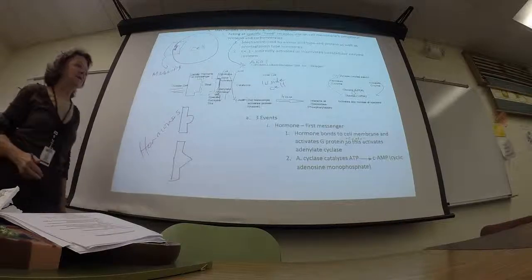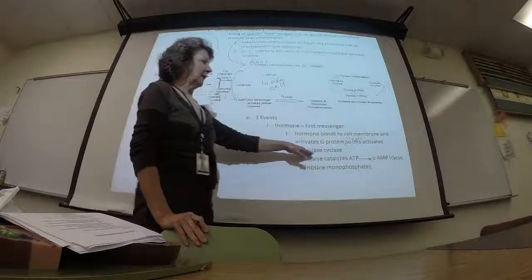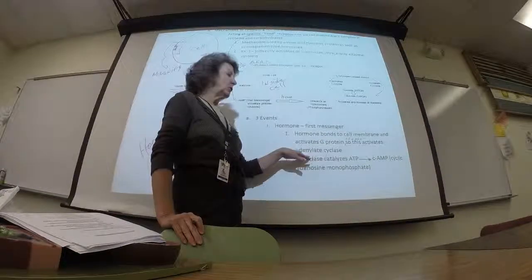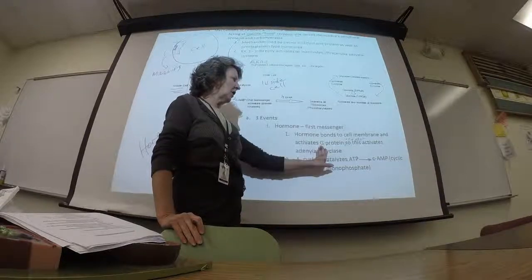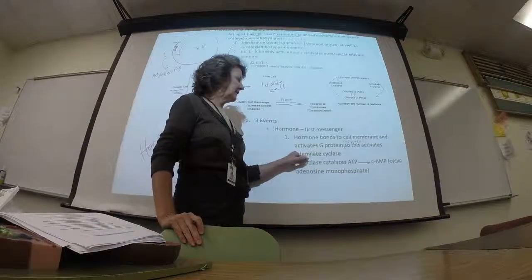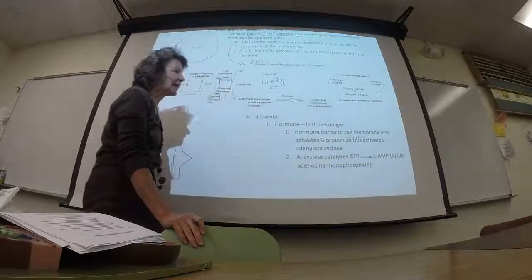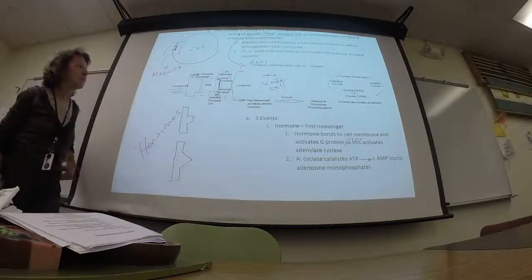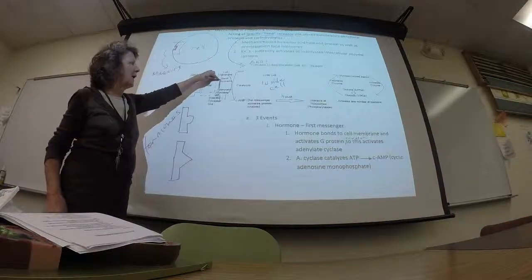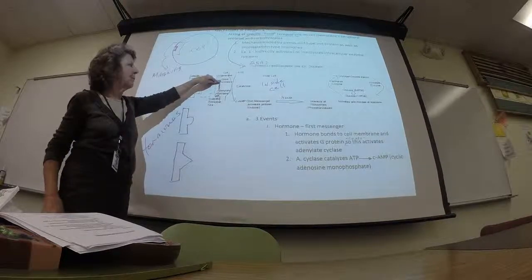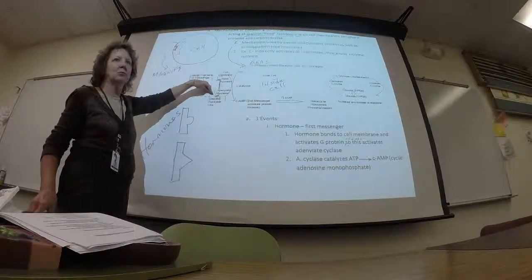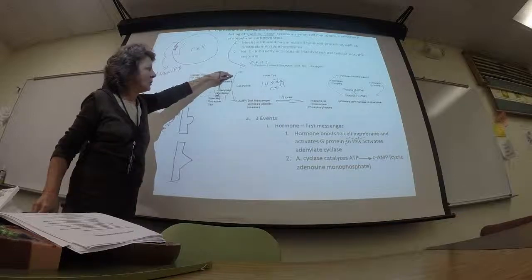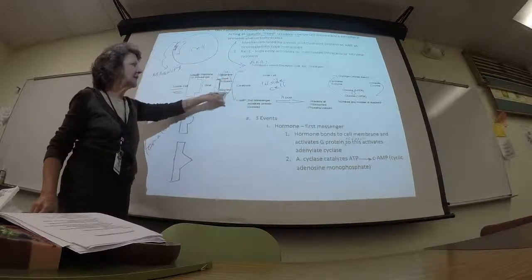The name of the enzyme is adenylate cyclase. If you're using a much older textbook, it might just call it adenyl cyclase. But adenylate cyclase has to get turned on. The way it gets turned on is by the first messenger, the hormone, plugging in to its specific fixed receptor site. That then turns on the enzyme that's been sitting here in an inactive form.